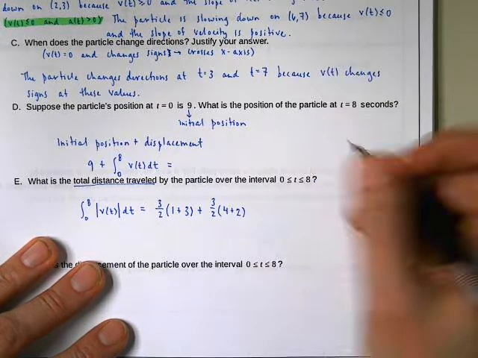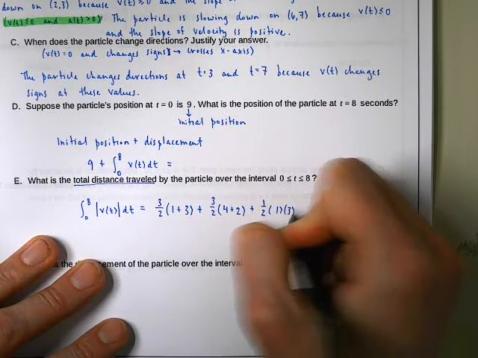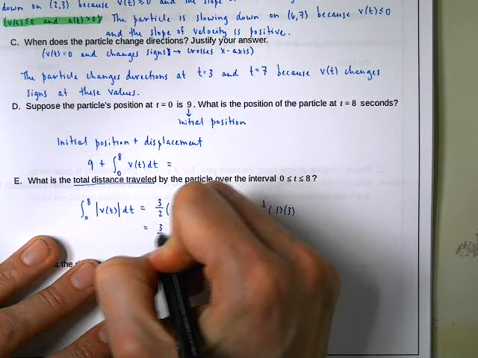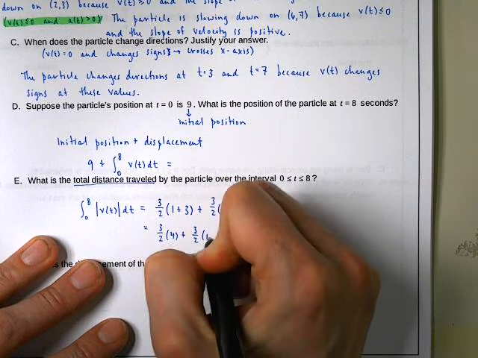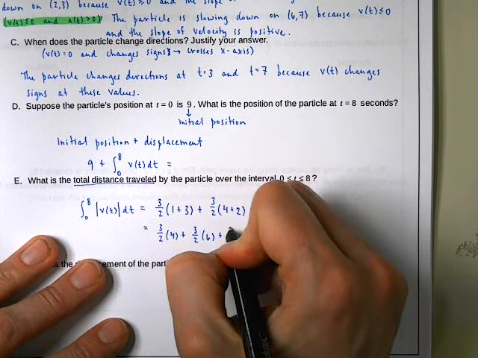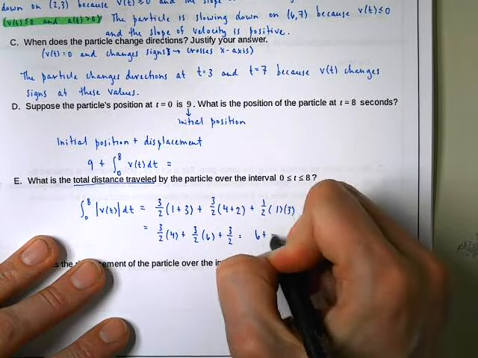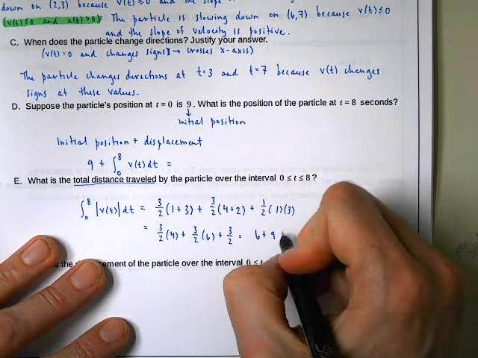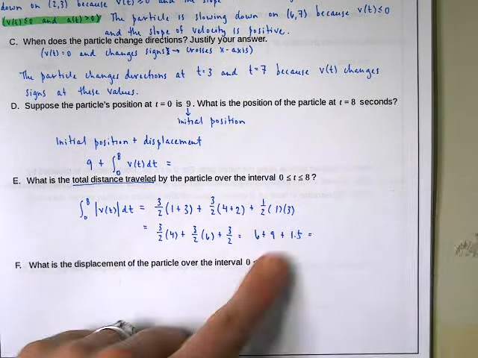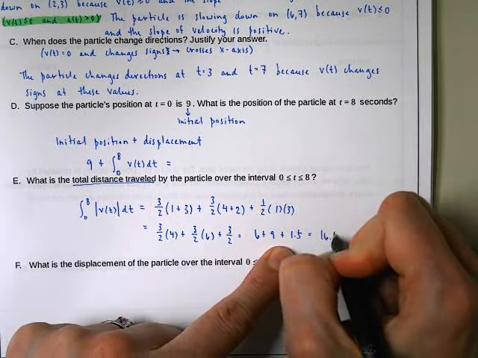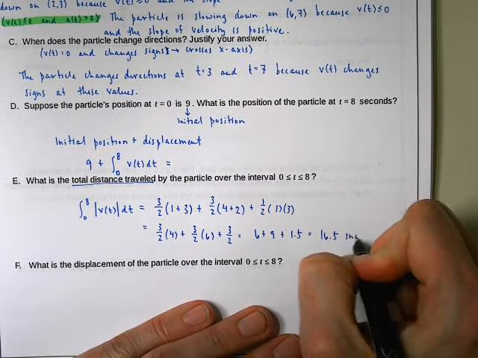And then we're going to add that triangle at the end, which is 1/2 times 1 times 3. So it looks like I get 3/2 times 4 plus 3/2 times 6 plus 3/2, which is 6, hopefully plus 9, plus 1.5. And it looks like I'm going to get 16.5, and those units are going to be inches.